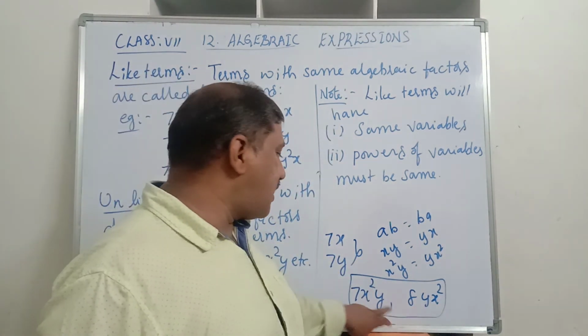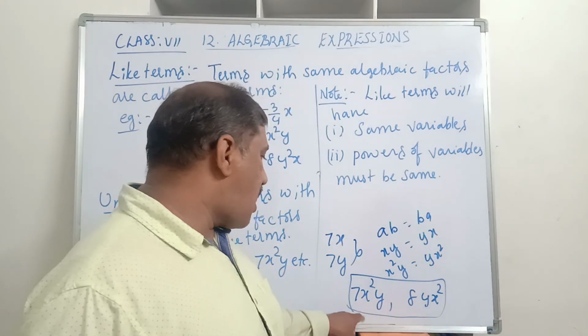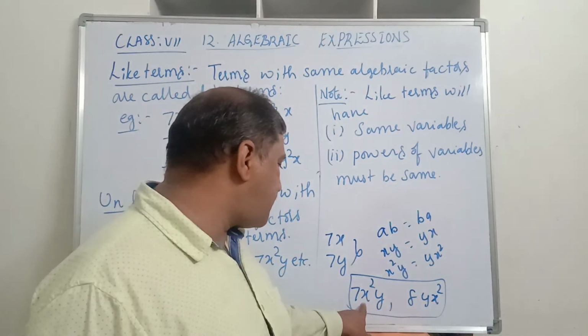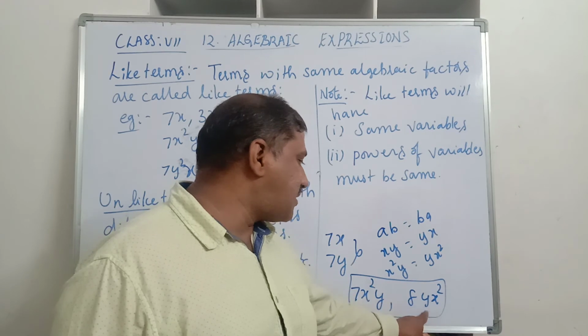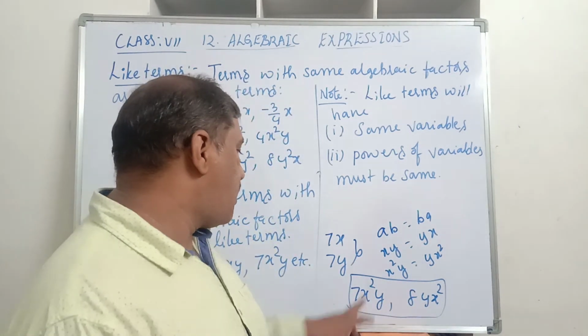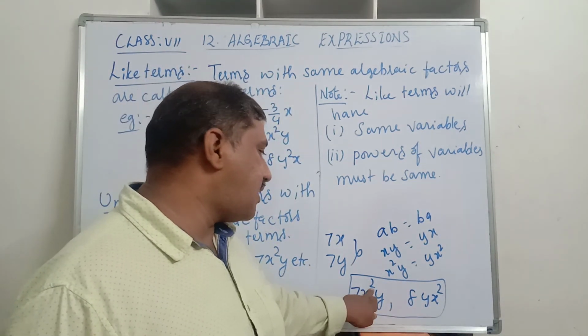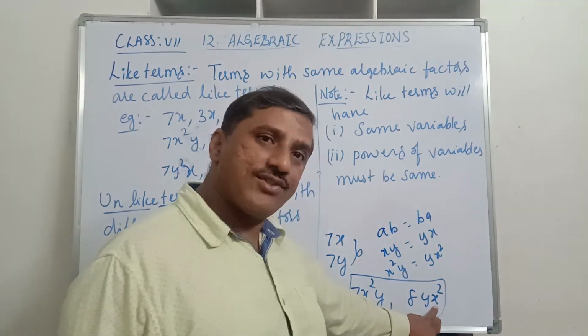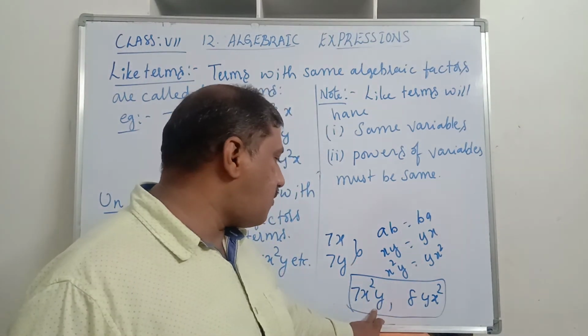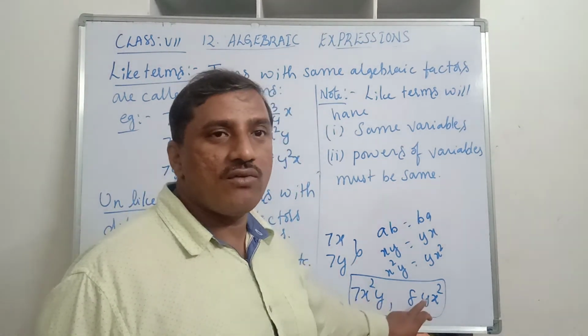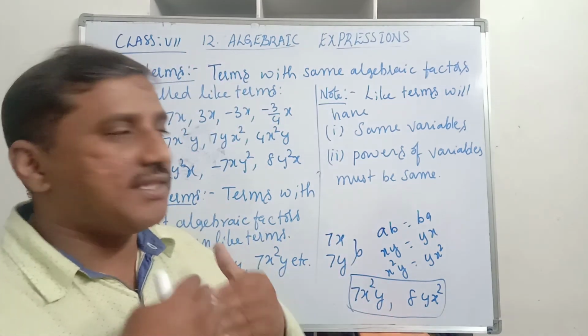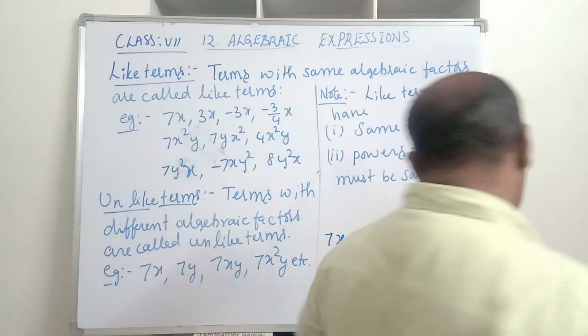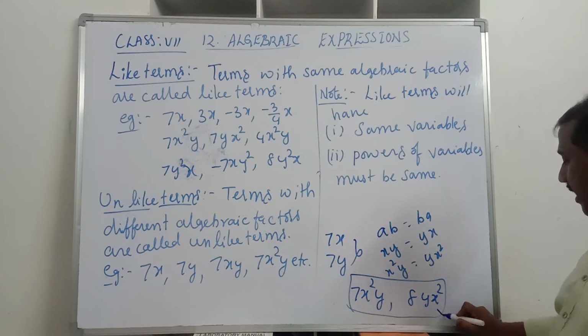Ignore the coefficients 7 and 8. What are the variables which we have? x and y. Here also x and y, same variables. What is the power for x? It is 2. What is the power here? It is 2. And what is the power for y? It is 1, and here it is also 1. So these two terms have the same variables and their powers are also the same. Therefore these two are like terms.